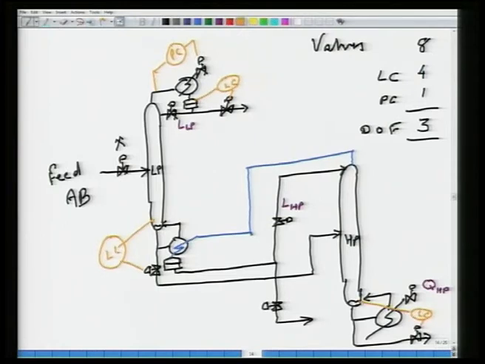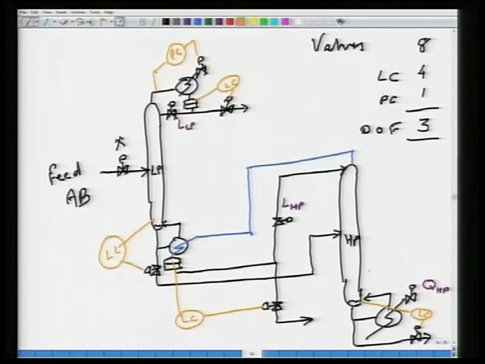Okay. This level probably will get controlled using the distillate that I am drawing out of here. Now, what is left with me is what I use to get the kind of separation that I desire. So this guy would be a temperature controller.